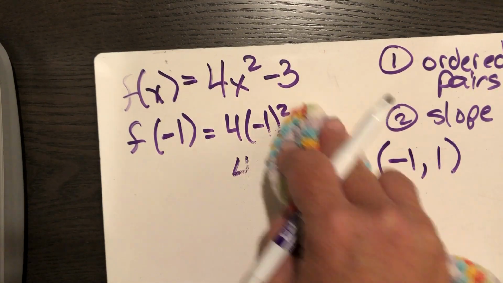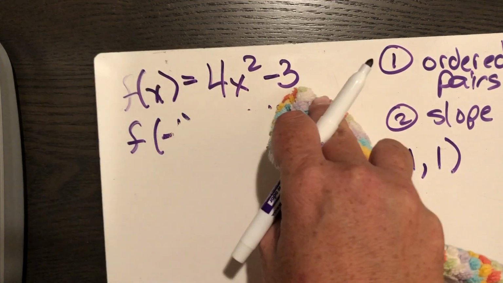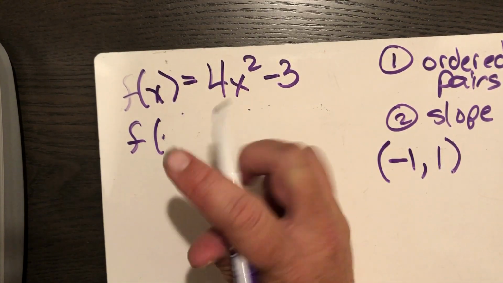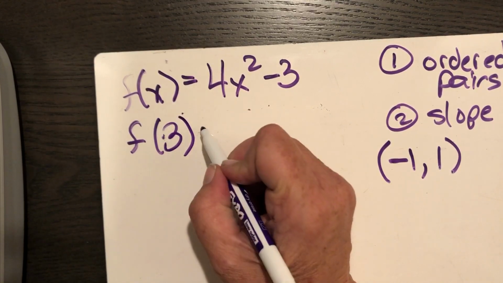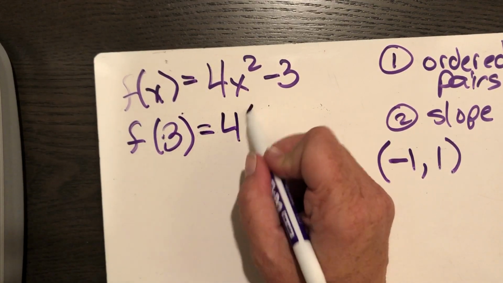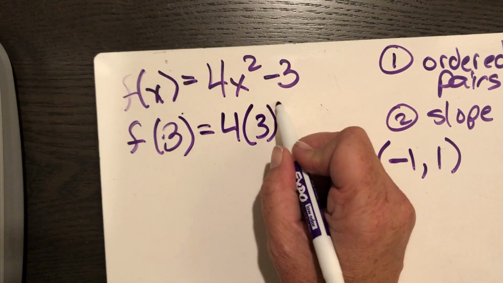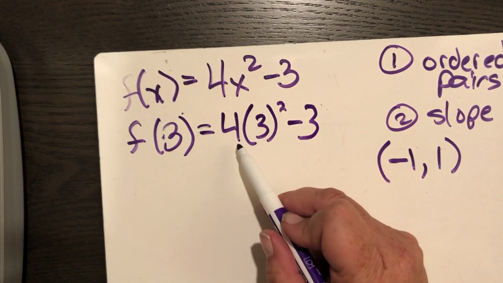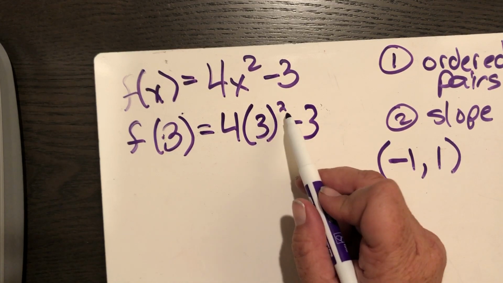Then the other x value they told us was x equals 3. 4 times 3 squared minus 3. Remember, you have to square first. Don't do 12 and then square.